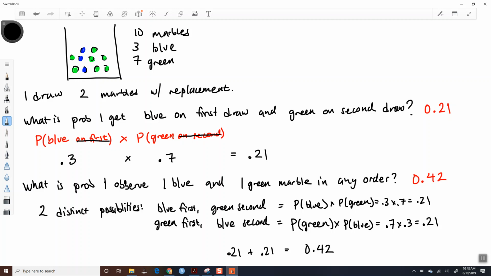So this time, we've got 10 marbles. Same thing. All right, should have just copied. Okay, so we'll say 3 blue, 7 green.